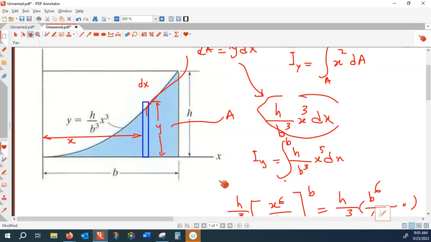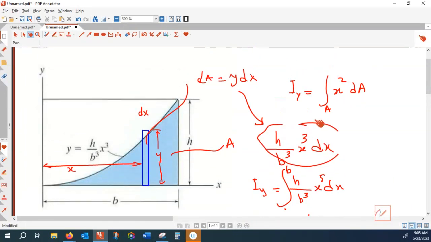Scenario number 2 is you'll be given an odd shape like this one. Here you have to start from the definition. If you are asked Iy, that is the definition. If the question was what is Ix, Ix is the integral of y² dA, and there possibly you would have taken the element in a different direction, horizontal.